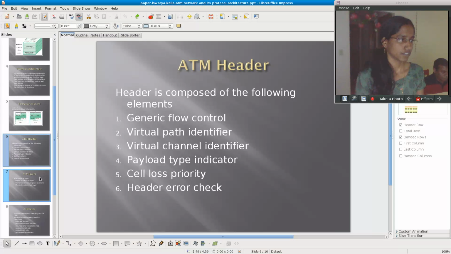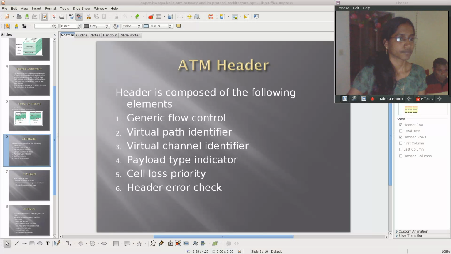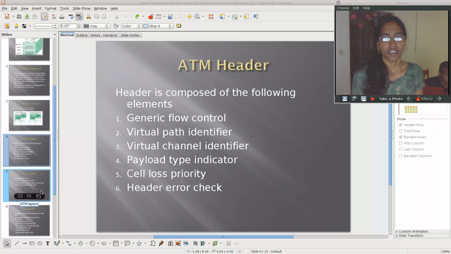Between end systems and the ATM network, the flow control is maintained by the generic flow control. It is a 4-bit field and it negotiates the multiplexing and flow control among the cells of various ATM connections. The virtual path identifier defines the virtual path for a particular cell.